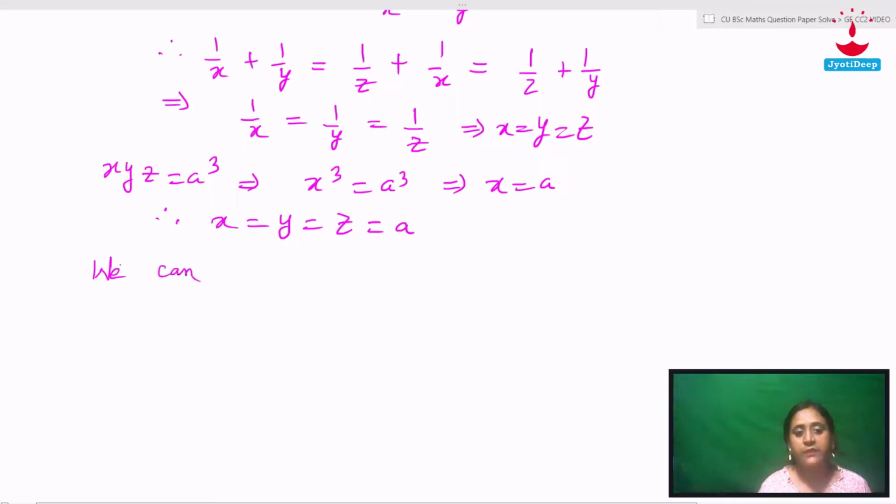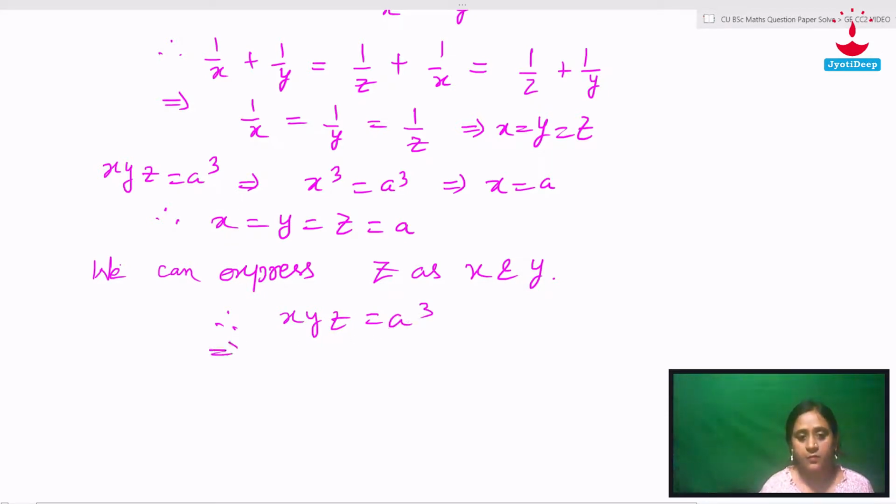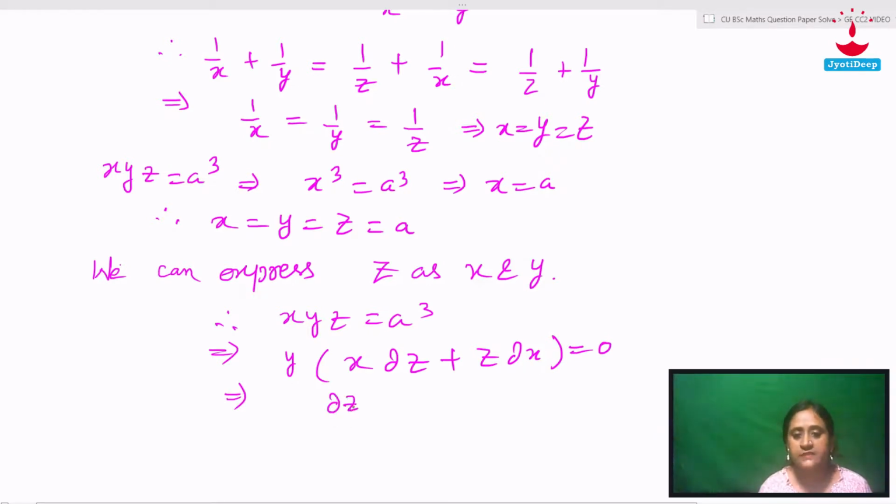We can express z as function of x and y. So xyz is equal to a cube implies y into x del z plus z into del x equal to 0. This implies del z by del x equal to minus z by x, since y not equal to 0.